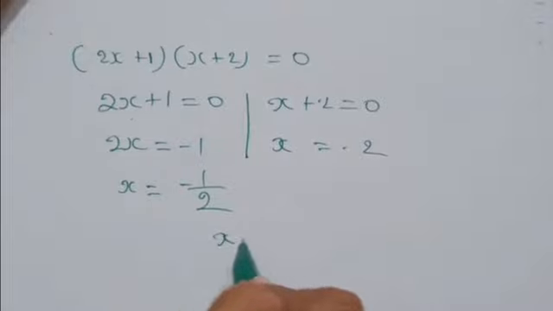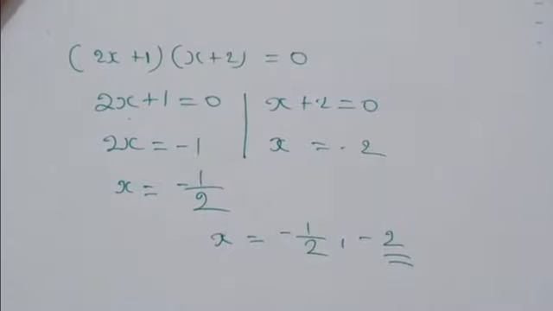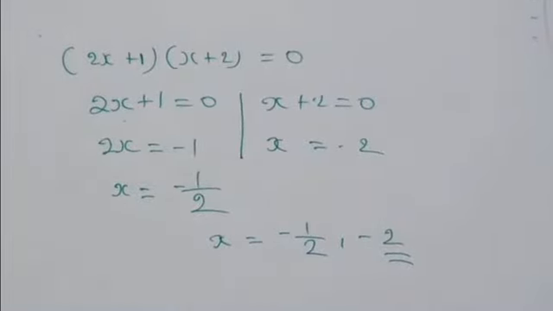The roots are x equals minus 1 by 2 comma minus 2, these are the roots of this quadratic equation. Simple. So therefore which option is right? So therefore the options are, minus 1 by 2 and 2, minus 1 by 2 and minus 2, 1 by 2 and 2, and 1 by 2 and minus 2.